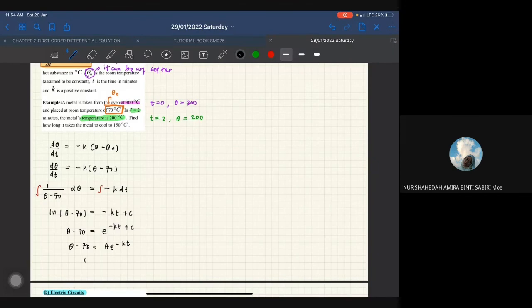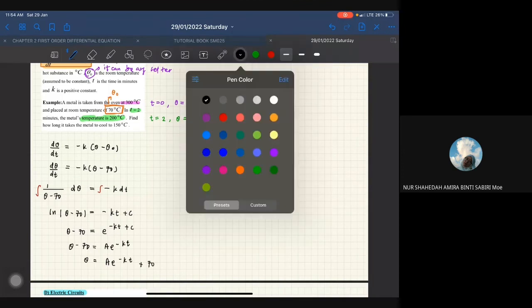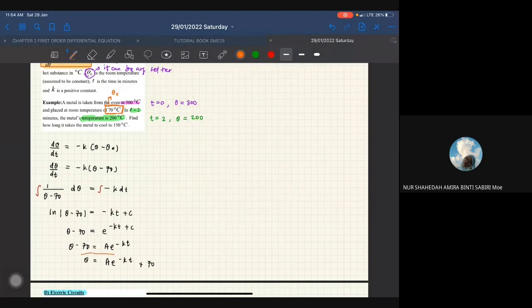Okay, so kita nak theta sahaja, so you get theta equal to a e negative kt plus 70. Settled. So this is our general solution. This is our first general solution. Okay, ini step pertama. Okay, so step kedua kita nak cari apa? Nak cari A.